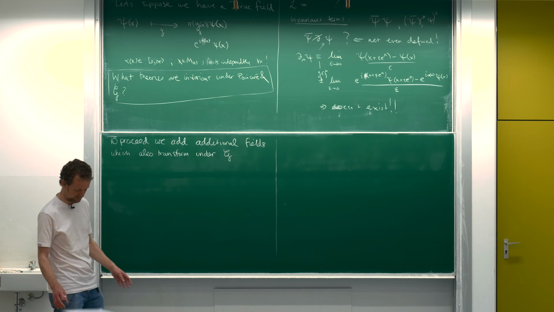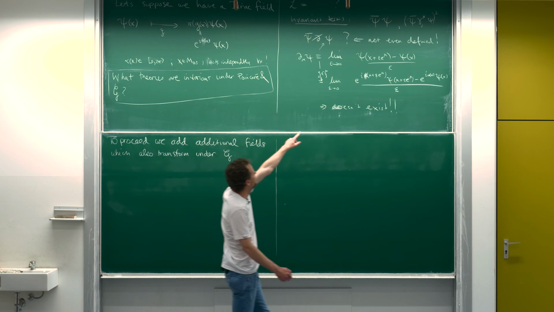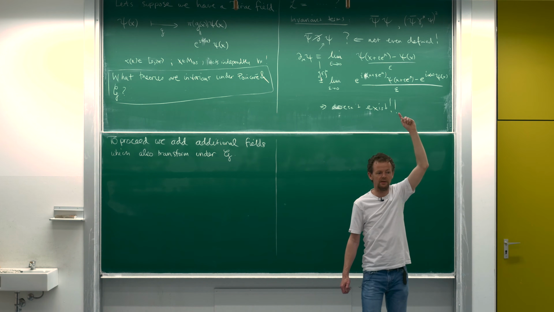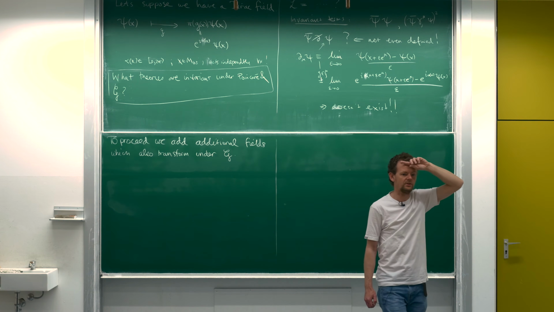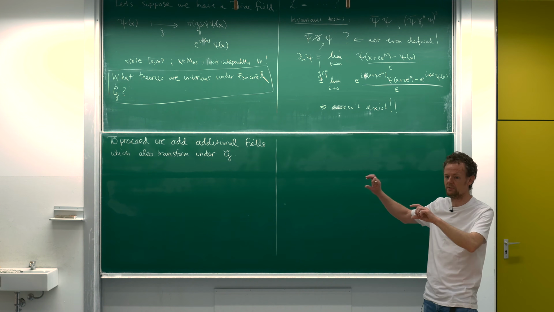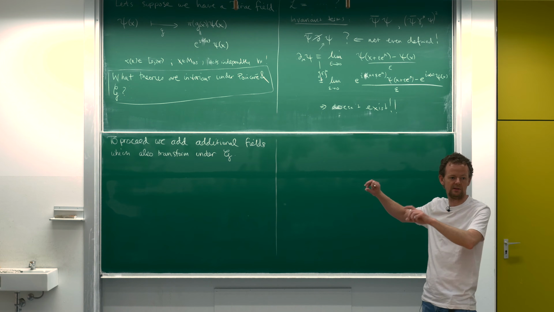And the way we're going to do that is to look at this expression here. The problem that we have here with the derivative is that we're trying to compare at different locations in space-time the field, but the field is allowed to transform independently at these two locations of space-time.